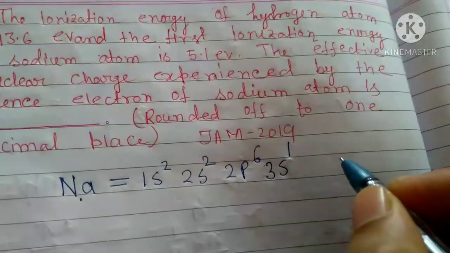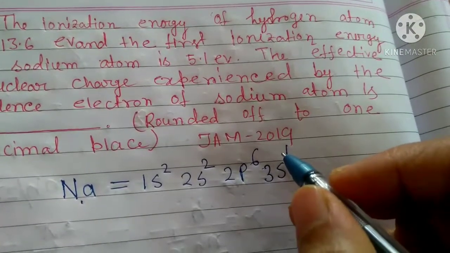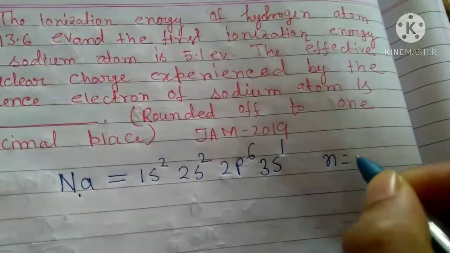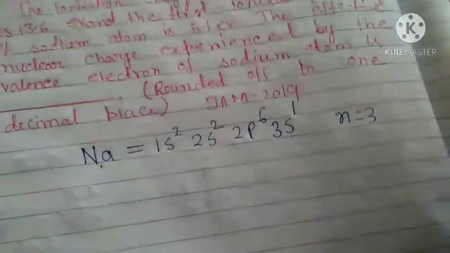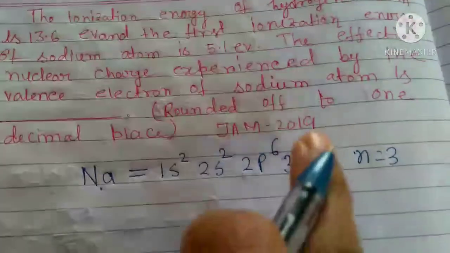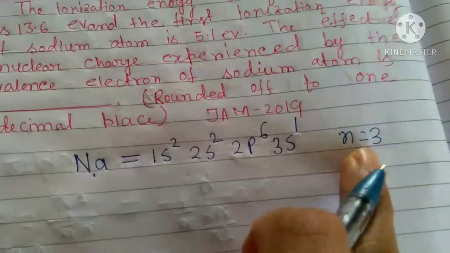So for the valence shell outermost orbital, if we want to remove an electron from there, n is equal to 3. Okay, so first ionization energy means we are removing an electron from the 3s orbital. So here n is equal to 3.